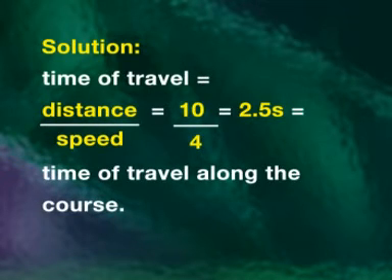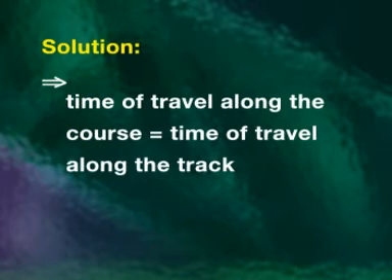Time of travel equals distance divided by speed. This equals 10 divided by 4, which gives us 2.5 seconds, the time of travel along the course. Therefore, time of travel along the course equals time of travel along the track.